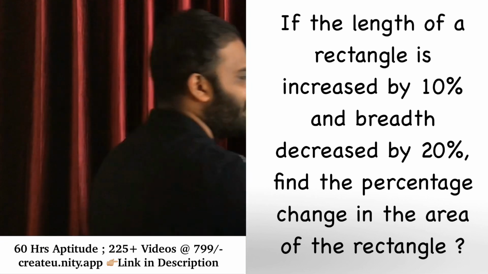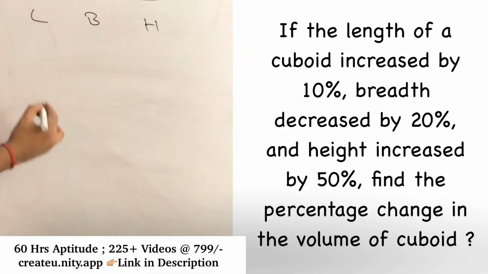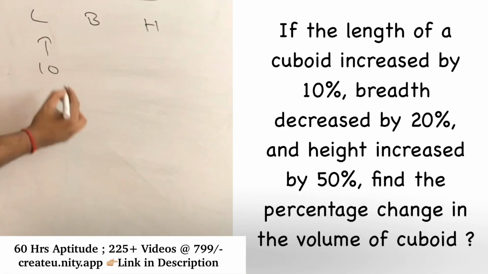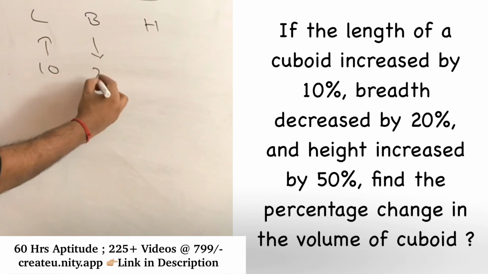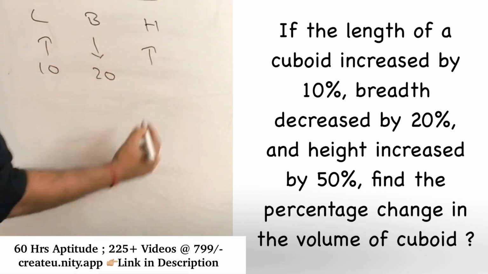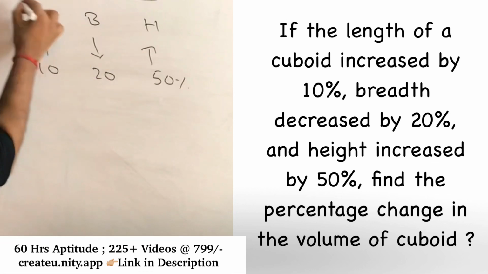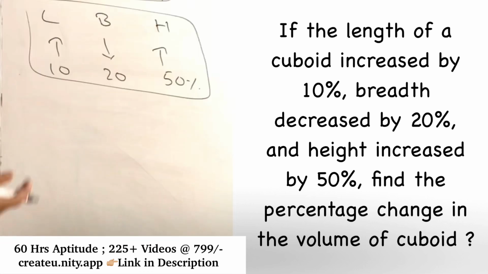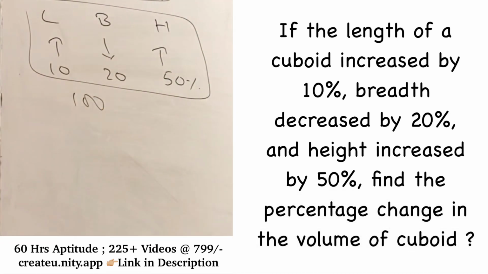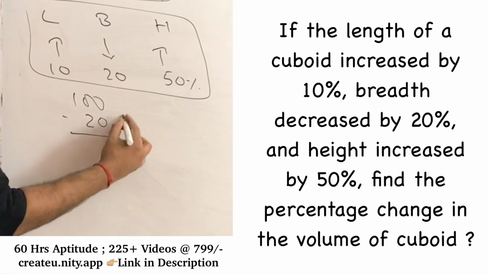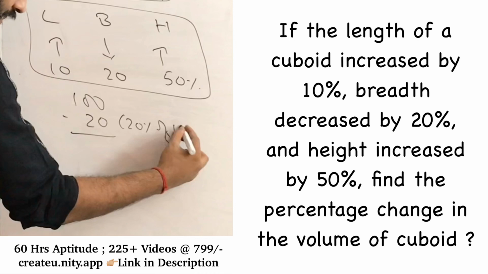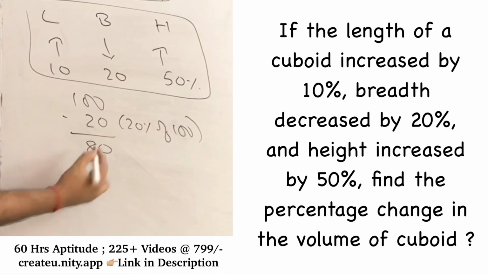Whenever there are questions with different terms, like say length increased by 10%, breadth decreased by 20% and height increased by 50%, what is the overall change in the volume of the cuboid? I'll directly say 100%. And for me 20% is difficult. So I'll decrease by 20%, that is 20% of 100, it becomes 80.